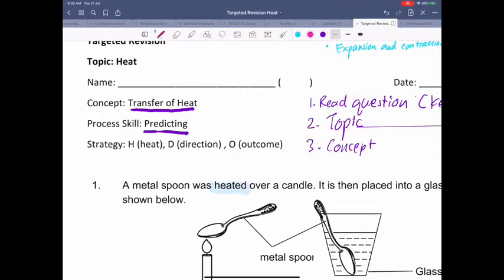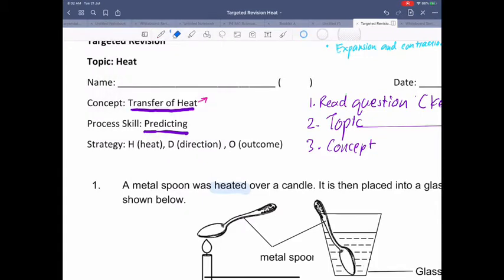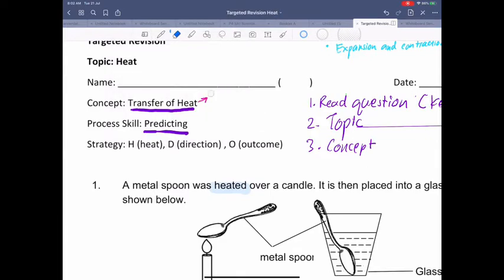The key idea associated with this concept, if you remember, would be that heat always transfers from a region of higher temperature to a region of lower temperature. Okay, so let's go ahead and pen them down.